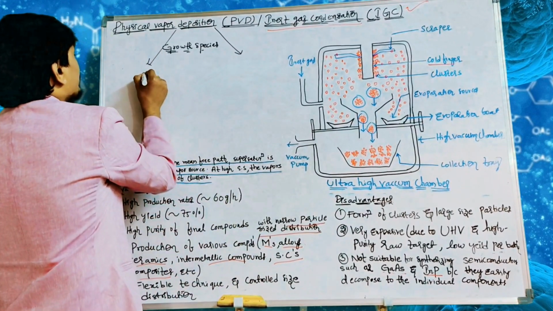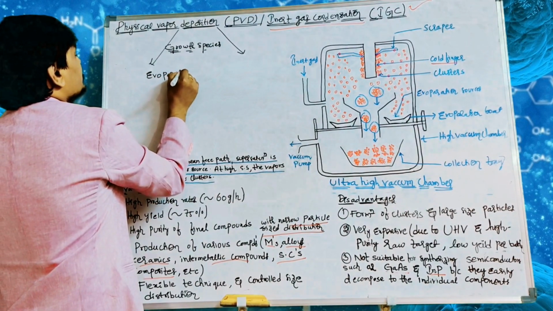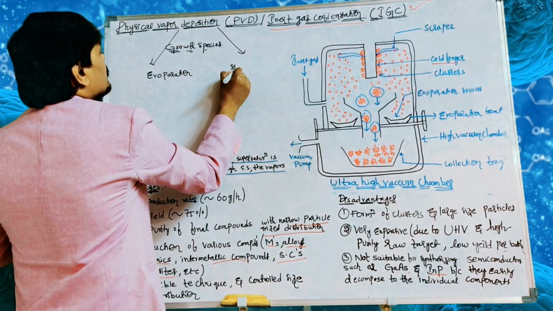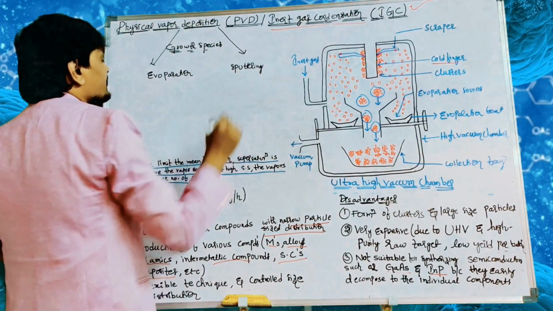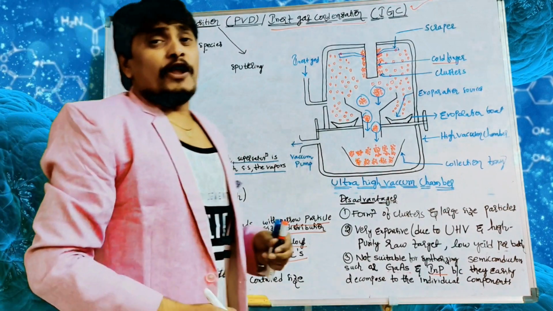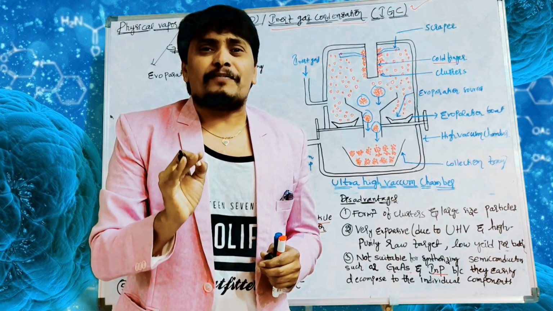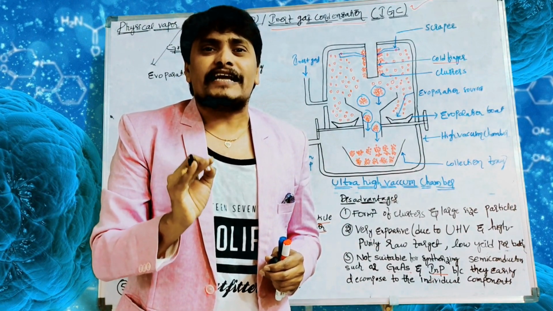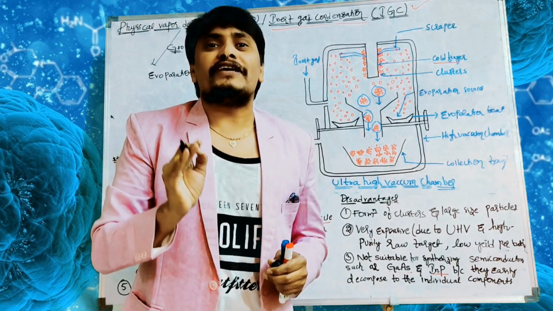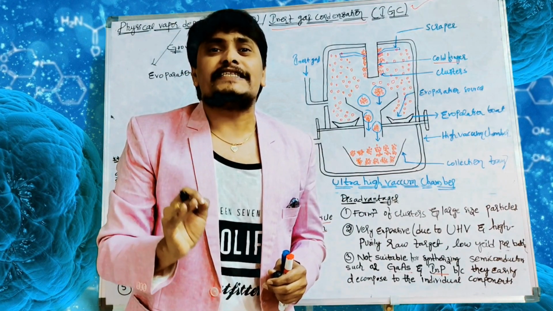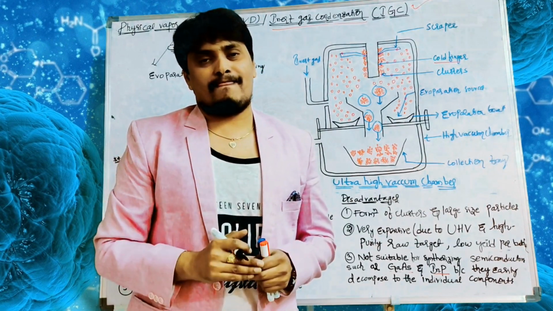The first group is evaporation and the second group is sputtering. This categorization is done based upon the source by which we remove or eject the growth species from the target.